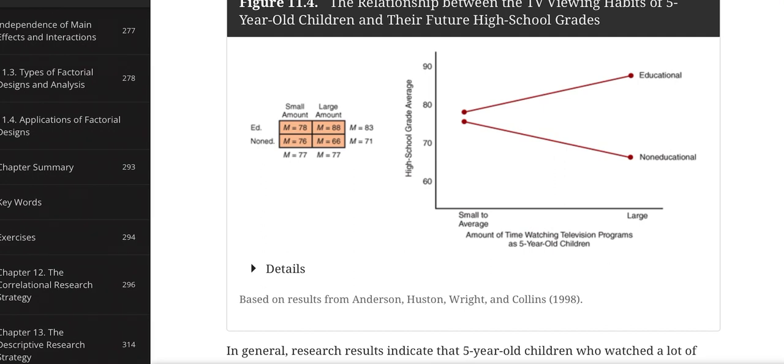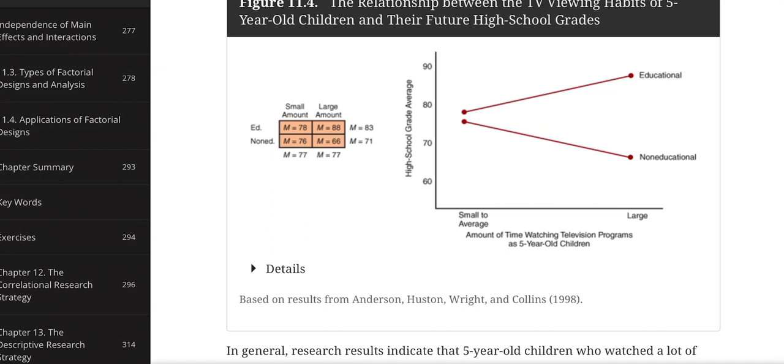So you could say there was no main effect for the amount of TV that the children watched as 5-year-olds on their high school GPA, unless you look at, or it depends on, the type of programming that they watched.